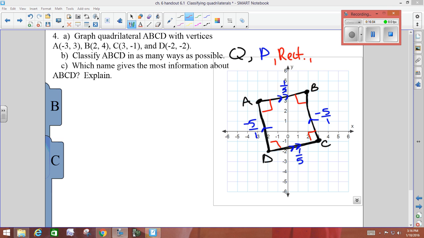You can't just put R because rhombus starts with R too, so you got to kind of bring that one out a little bit. You say it's a rhombus too? How do you know that?